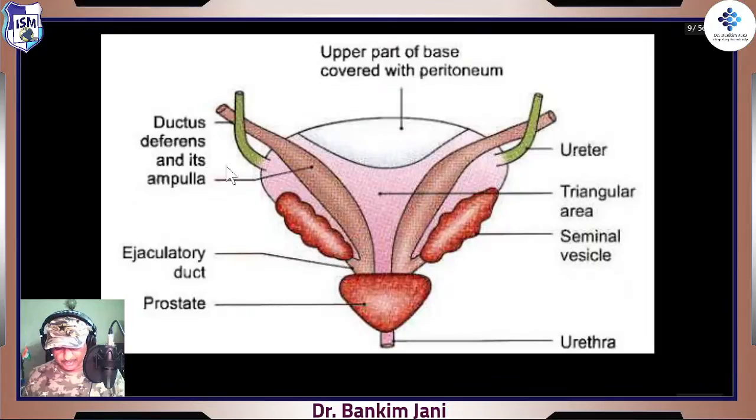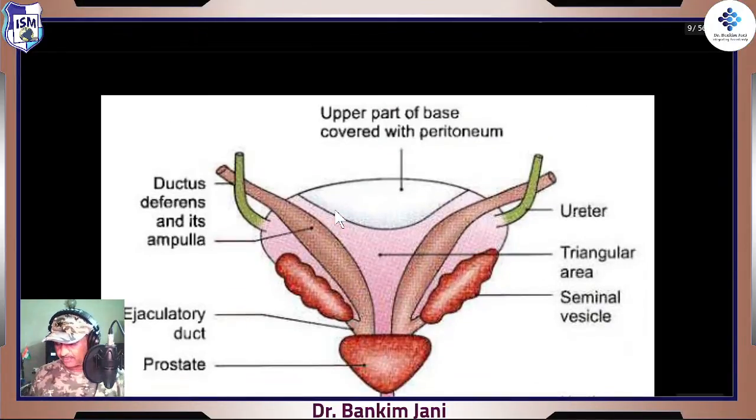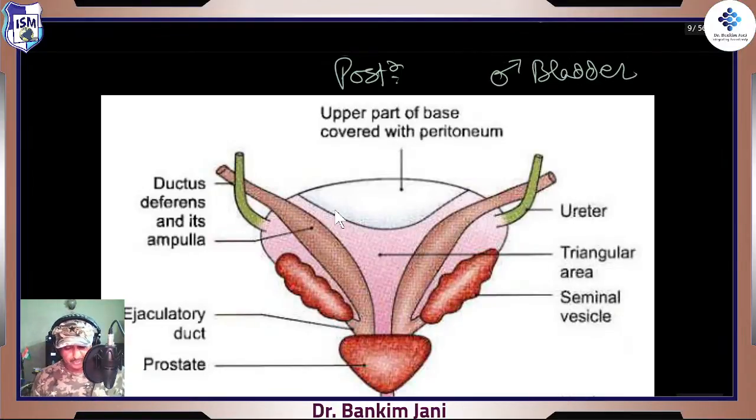Okay, so just orient yourself first. This is the posterior portion, the posterior part. In the posterior part, this is a male bladder, correct? Why male? Because we can see the ejaculatory duct, prostate, everything. One important clue you have to pick up is that the upper part of the base is covered with peritoneum. That is the only part covered with peritoneum.